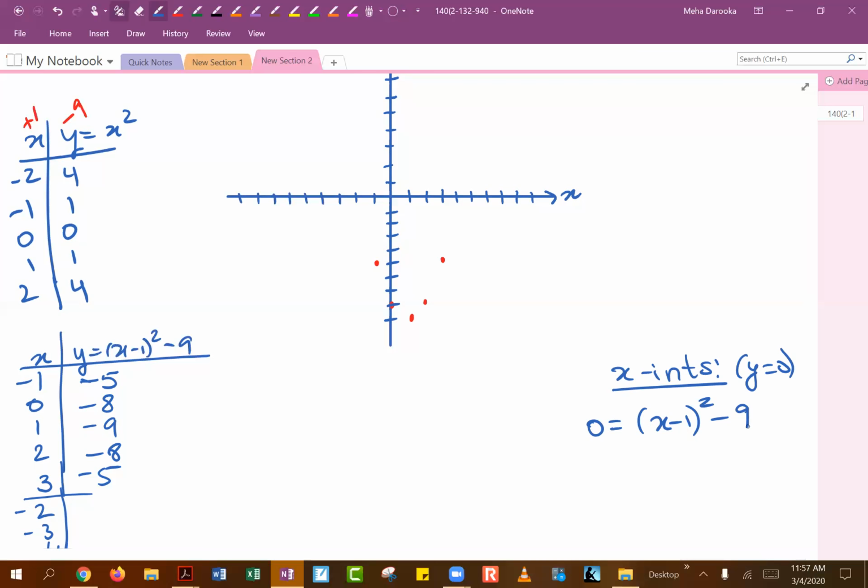Uh-huh. So on our test, are we supposed to be breaking down each individual section of it? 'Cause I just went right to the final. What do you mean by breaking it down to each individual section? Like, in this case, we did y equals x squared.